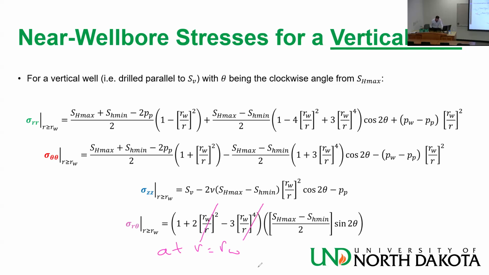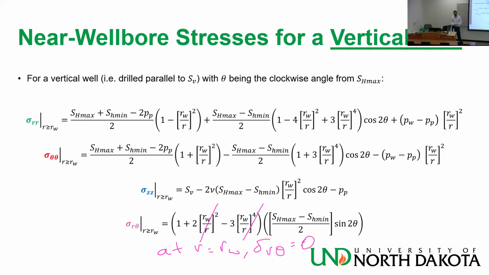This will become 1. So I have 1 plus 2 minus 3. It'll be 3 minus 3, which is 0. So sigma r theta at r equals rw is 0. That's why I said earlier, shear stress goes to 0 on the wellbore walls.